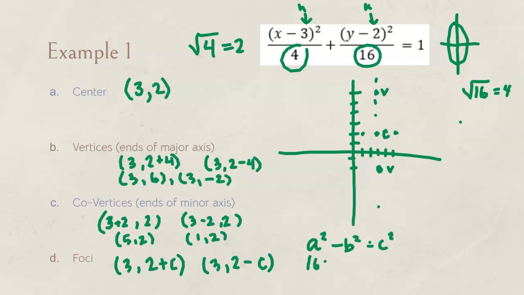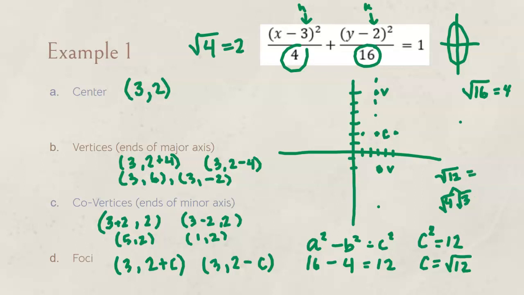So 16, which is a squared, minus 4, which is b squared, is 12. So that means that c squared is 12, or c is the square root of 12. An even nicer way to write the square root of 12, remembering that 12 is 4 times 3, and we can take the square root of 4, but we can't take the square root of 3, is 2 root 3.